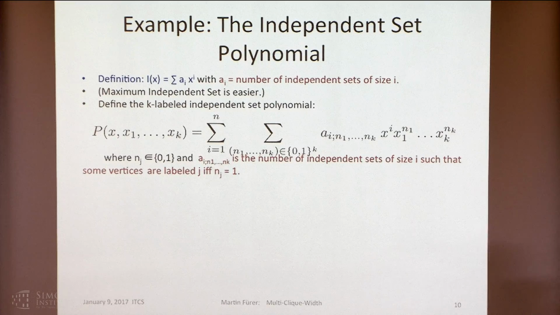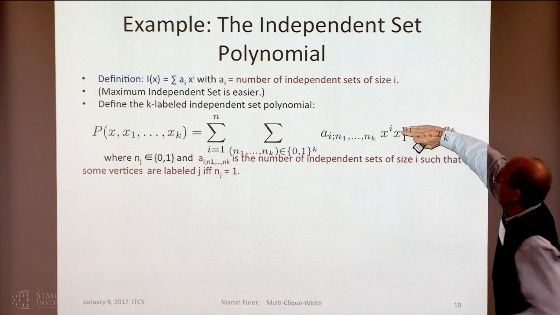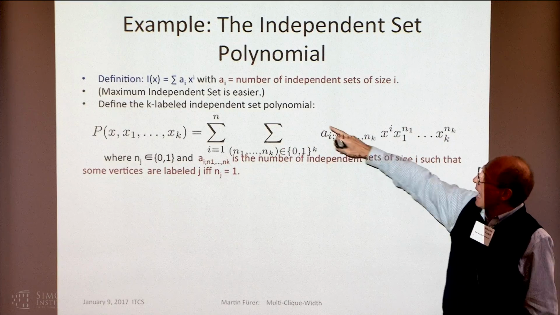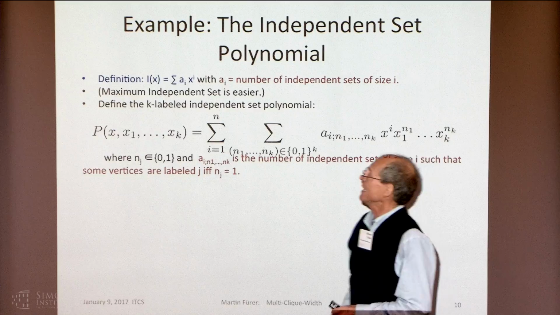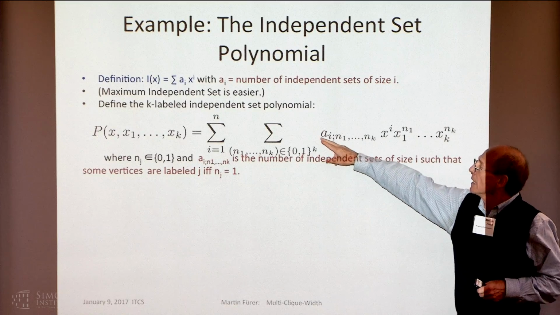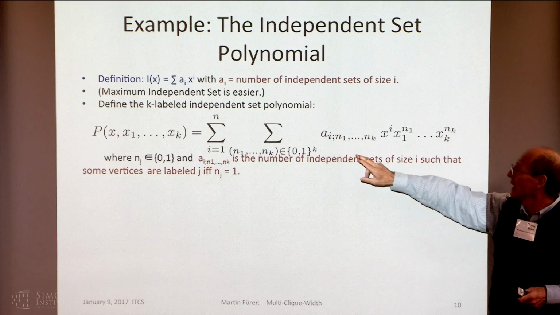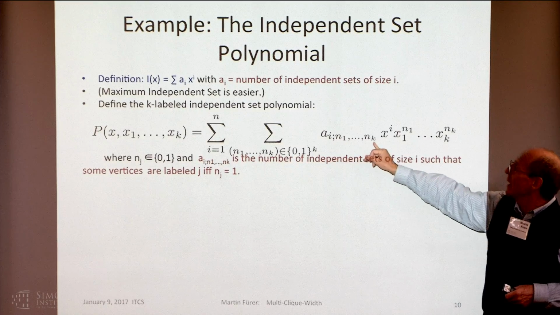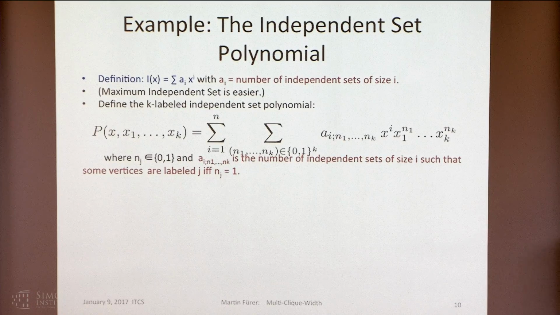And in order to compute it efficiently, I use this auxiliary polynomial where I have basically the same thing there. But I subdivide each coefficient. Namely, I don't just count the number of independent sets of a certain size, but the number of independent sets of size I with the property that for each label we say whether there is at least one vertex with that label in the set.